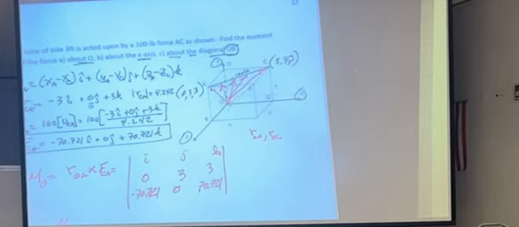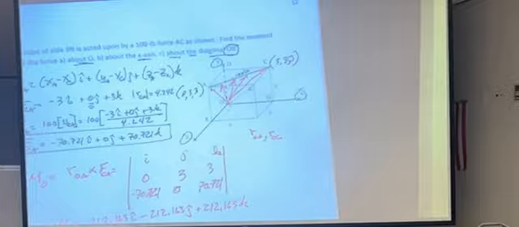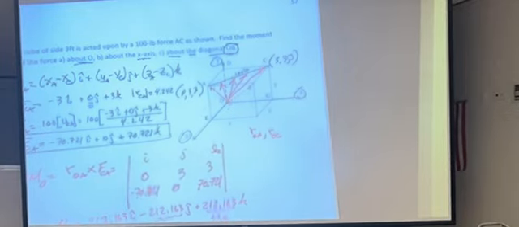Do the math. Moment about O is equal to 212.163i minus 212.163j plus 212.163k. This is your MX, this is your MY, and this is your MZ.